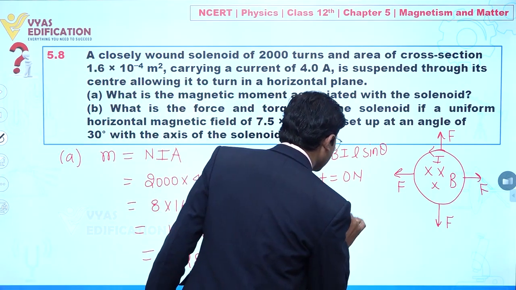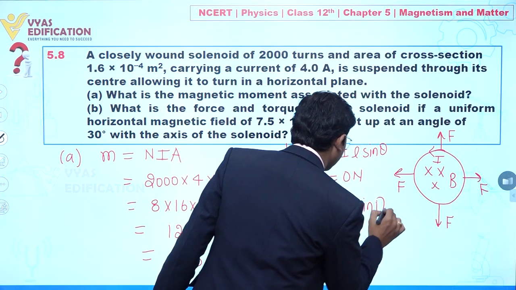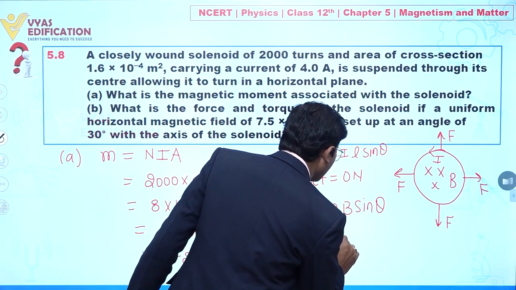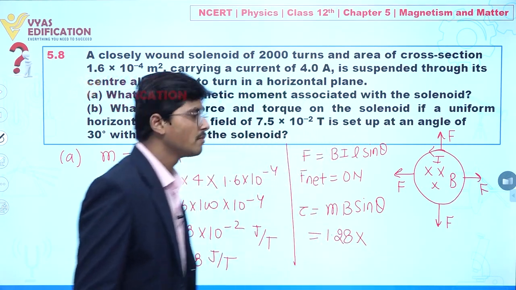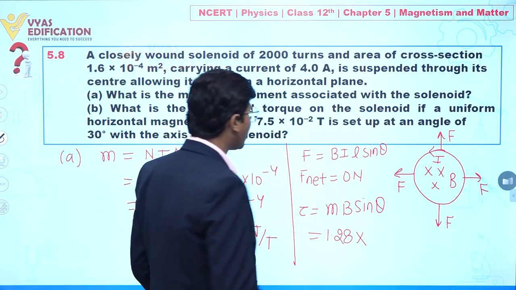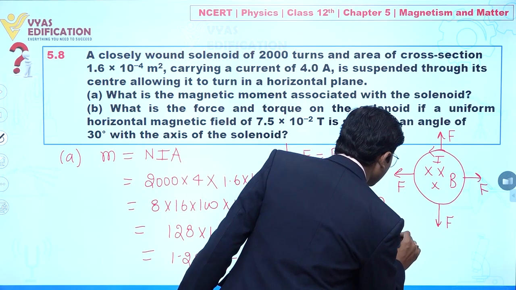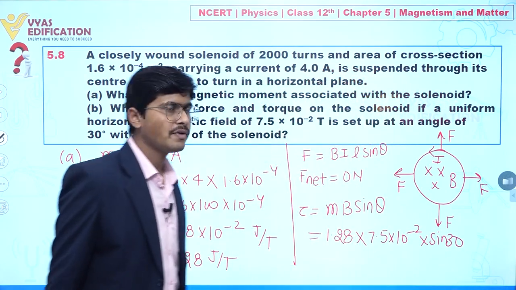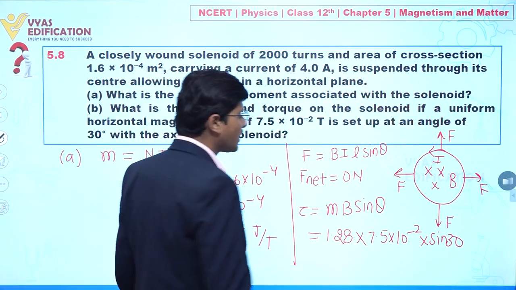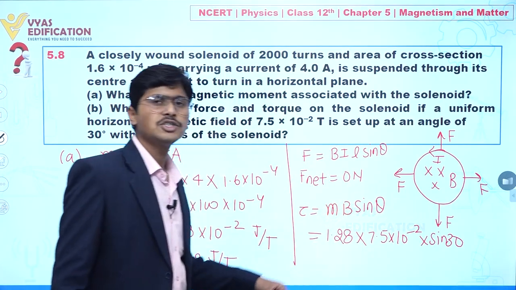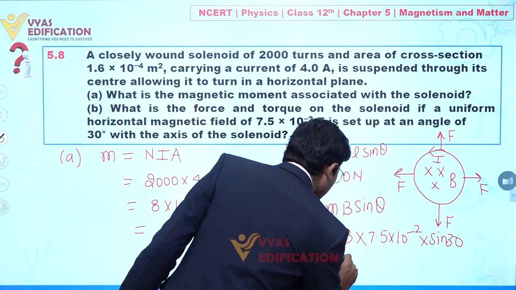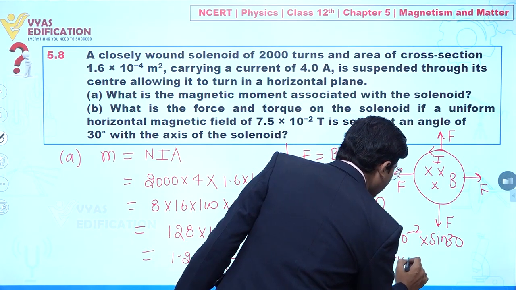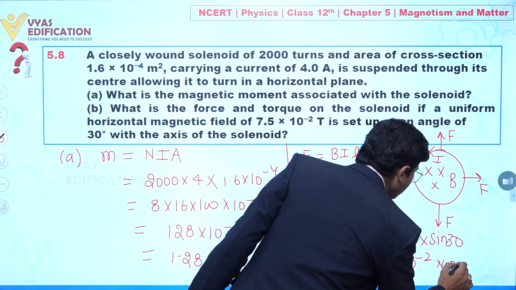So I can write this as MB sin θ. The value of M, the magnetic moment, is 1.28, and the magnetic field value is given as 7.5 × 10^-2, multiplied by sin 30. Sin 30 is 1/2, and half of 1.28 is 0.64. So 0.64 multiplied by 7.5 × 10^-2, in Newton meter.